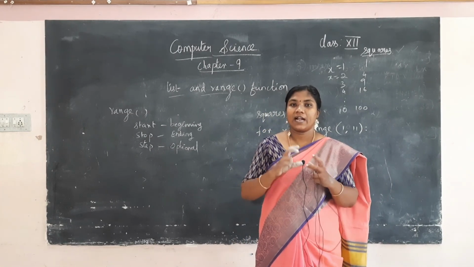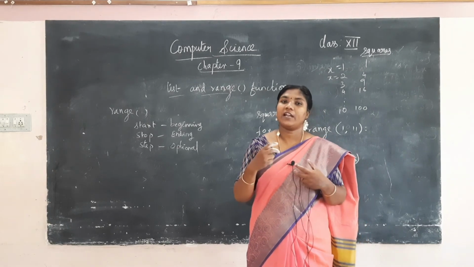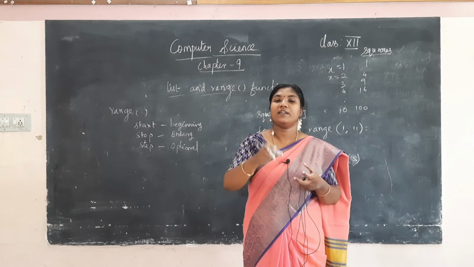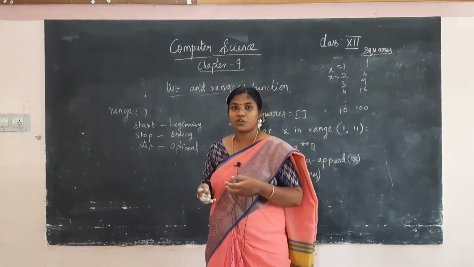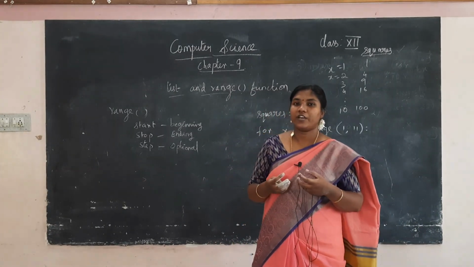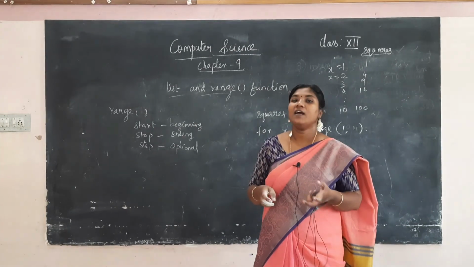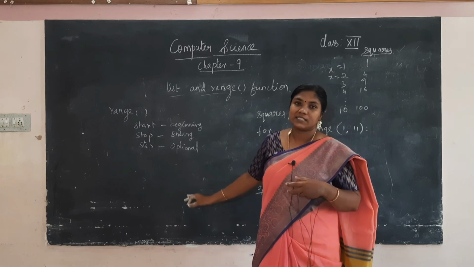We also saw how we can add an element to a list, how we can add more than one element, add at a particular index value, and remove also. We have seen 4 types of removes: using the pop function, clear function, del statement and remove function, and we have also seen the list and range function.